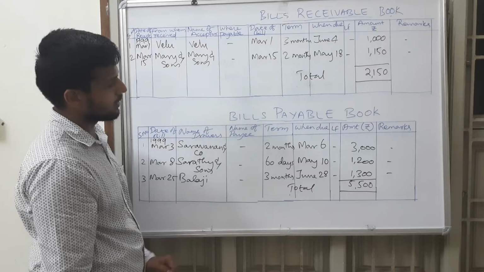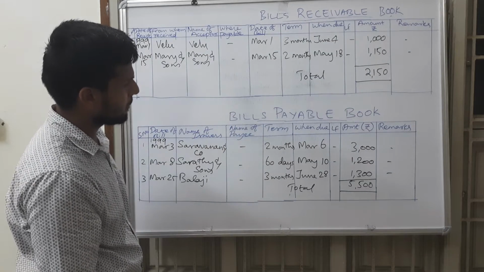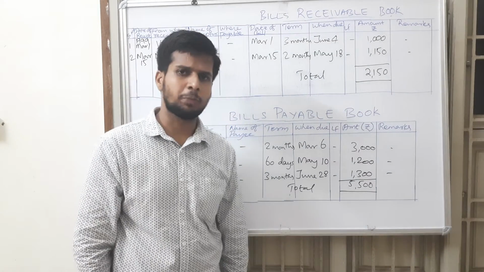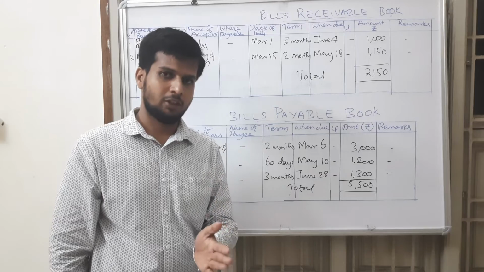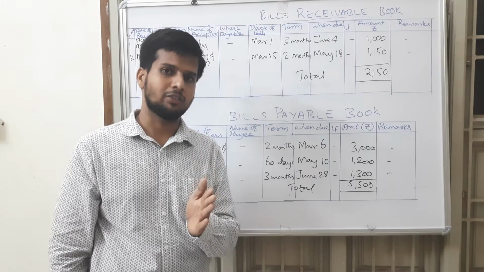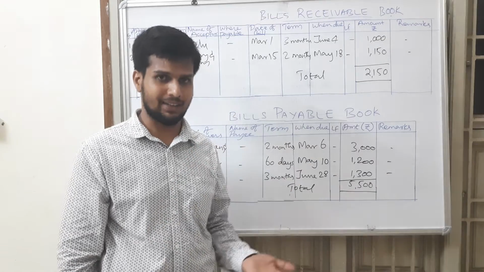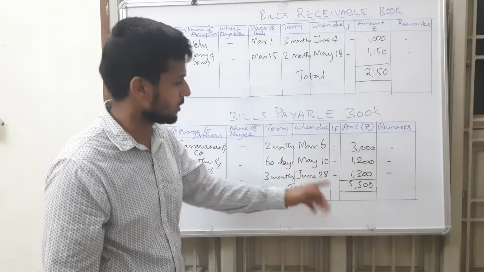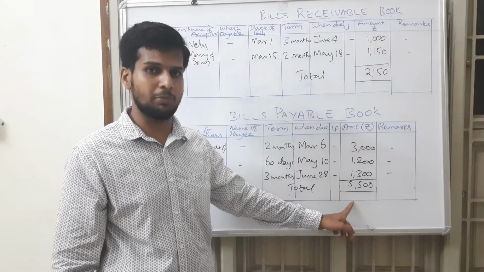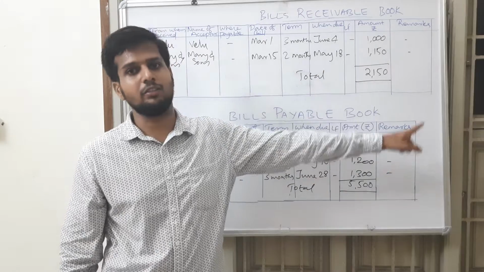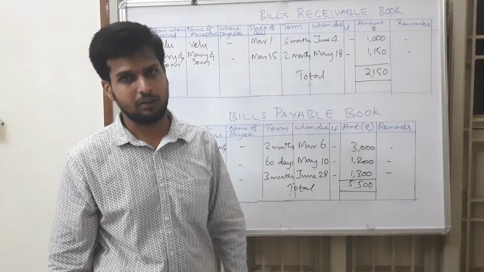And the next thing is the bills payable account. Bills payable are liabilities for us. As it is a liability, the balance of this account must be shown on the credit side, by sundries. The total amount 5500 will appear as by sundries 5500, right?